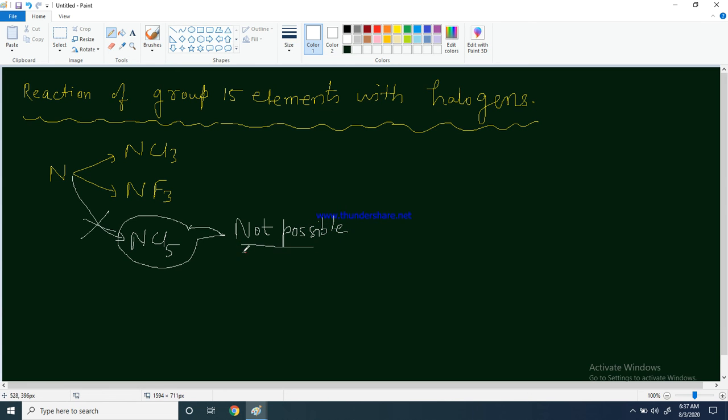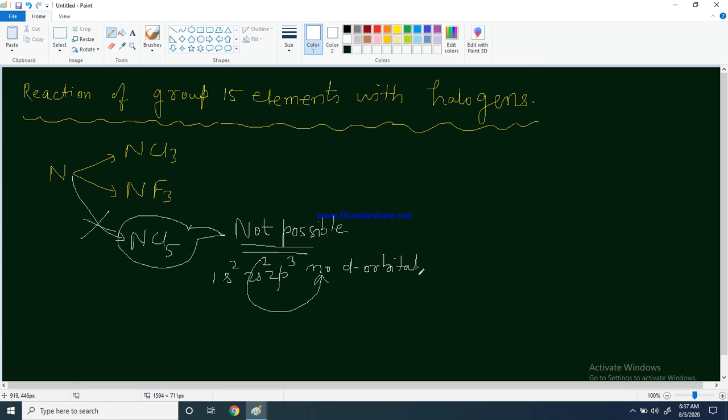The reason for this was discussed earlier. It is because nitrogen has 2p3 configuration, wherein there is no d orbital where this electron can go and get unpaired. So there is no d orbital available.